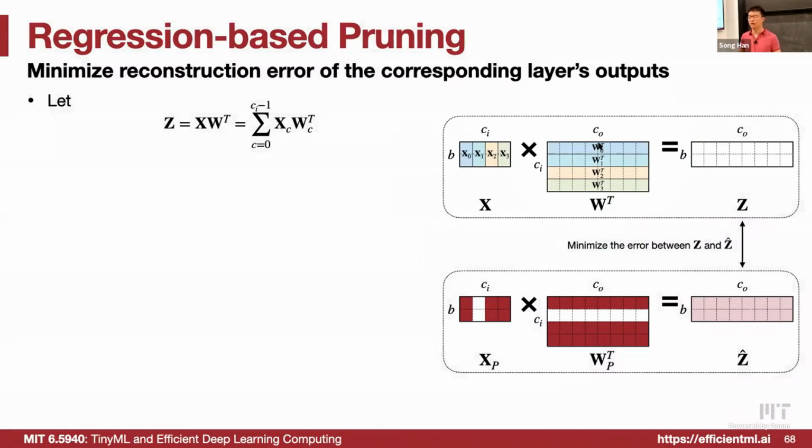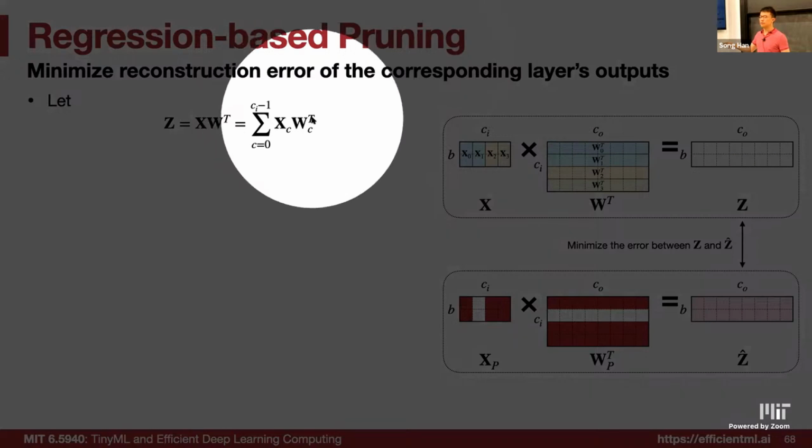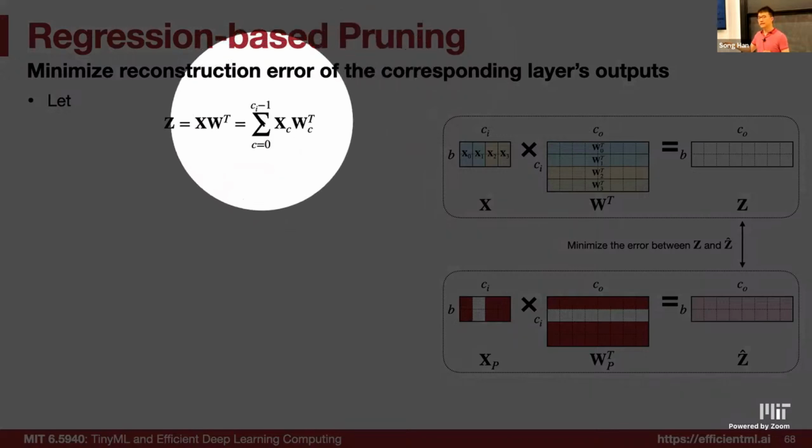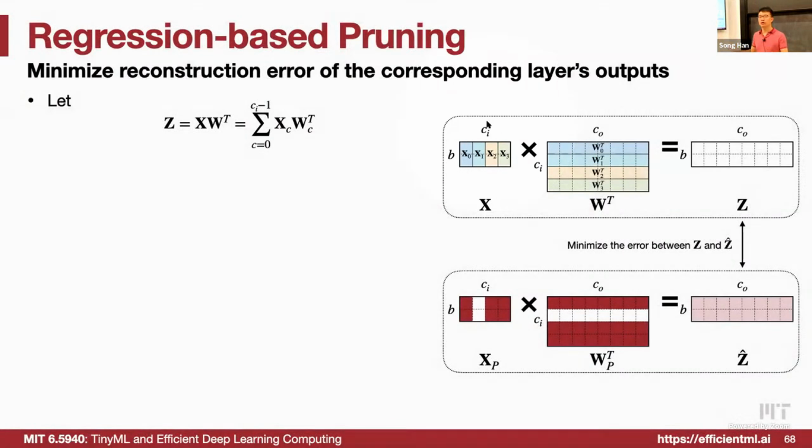That's the corresponding activation and corresponding weight channel. So we can view them as the outer product of xc times wc, and sum them together. In this case, we have 4 terms, 1, 2, 3, 4, to sum together, the outer products.